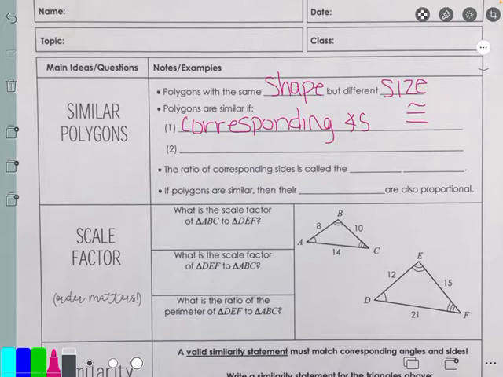They have to be congruent, but corresponding sides have to be proportional. Meaning they have to have the same scale factor that was applied to all of them. So, scale factor, we've been using it.